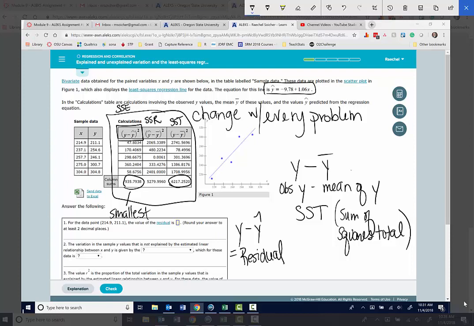A residual represents the amount of error you're making with your predictions versus your observed y values. So we should always be minimizing our residuals or our error when we're calculating a least squares regression line. So the sum of squares error column should have the smallest value, the sum of squares total should have the largest value, and the one in the middle is your regression sum of squares.